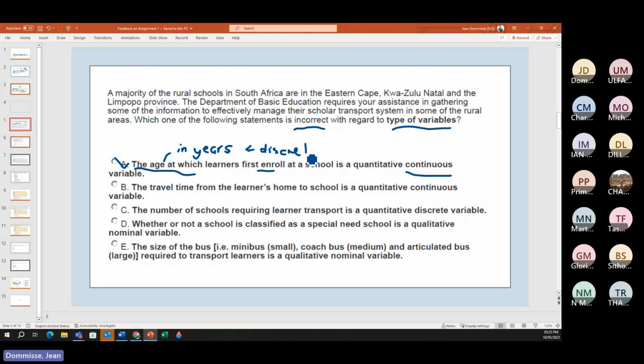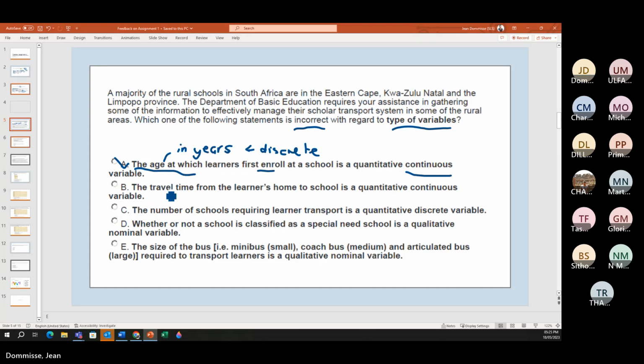If I add it in years or in months or something like that, then it becomes discrete. But if they just tell you the age, then my child will probably say 6 years, 4 months, 3 days, 2 minutes, or something like that. So, unless I tell him in years, then the discrete will come out. So very important again how they phrase it and what they add to it.